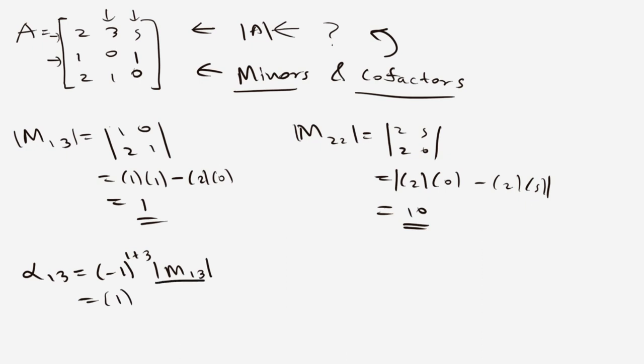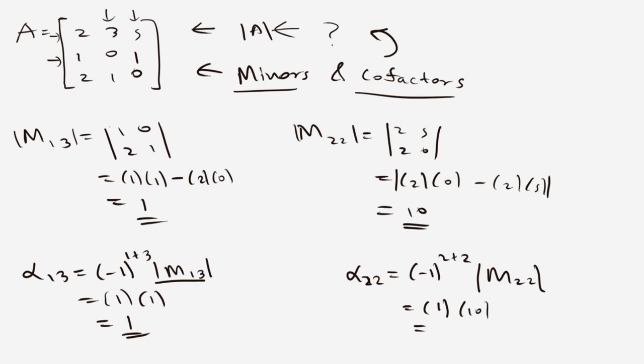So we know the answer of this minor, so it will be 1. So the cofactor of 1 3 will be 1. And let's look at this one as well. So -1 to the 2 plus 2 times M 2 2. So this will be again 1, and this will be 10. So the cofactor will be 10.